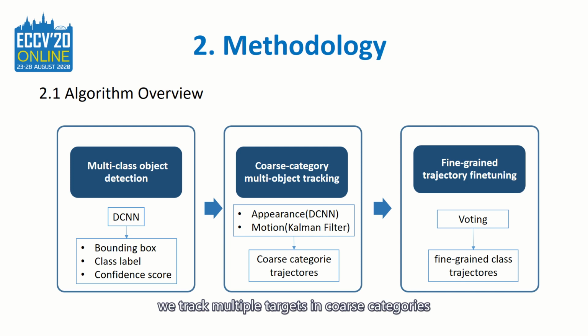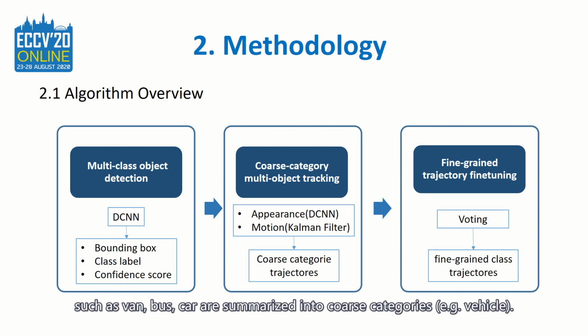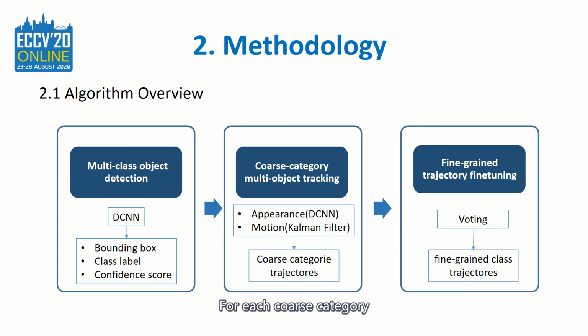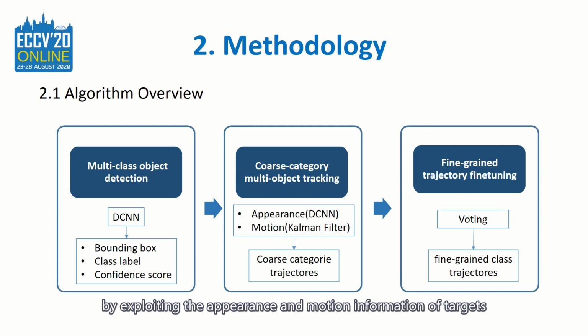Secondly, we track multiple targets in coarse categories, where fine-grained classes such as van, bus, and car are summarized into the coarse category vehicle. For each coarse category, we perform multi-object tracking by exploiting the appearance and motion information of targets, where the appearance feature is extracted using a deep convolutional neural network feature extractor, and the motion pattern of each target is modeled by a Kalman filter.